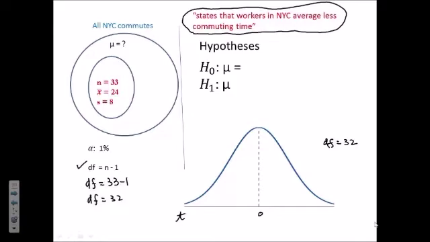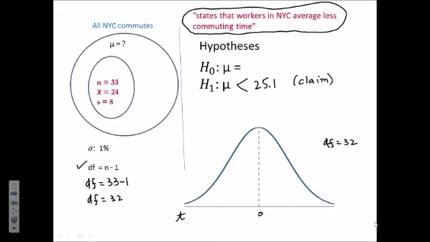So that says mu is less than, and because equality goes in the null hypothesis, we have to be in the alternative hypothesis, mu less than 25.1. So that's going to be our claim.